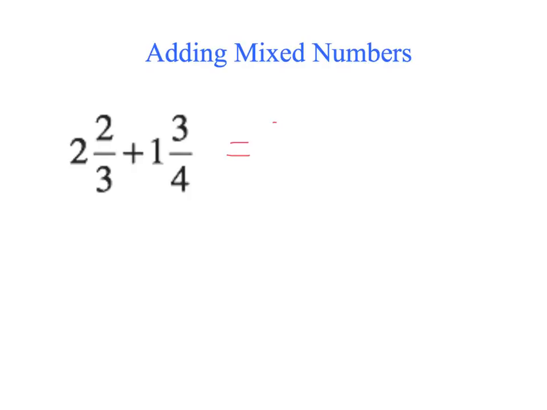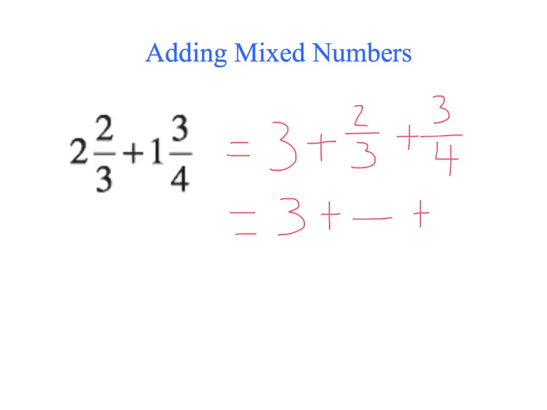Alright, so 2 plus 1 is 3, plus 2/3 and 3/4. Make sure you are making note of the working out. You'll be required to do this working out correctly. So then we have 3 plus, let's use the butterfly method this time.